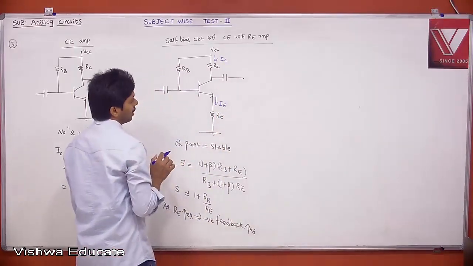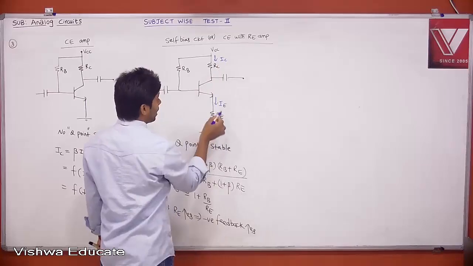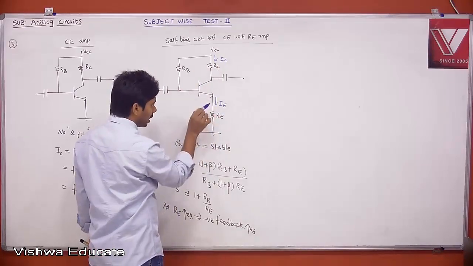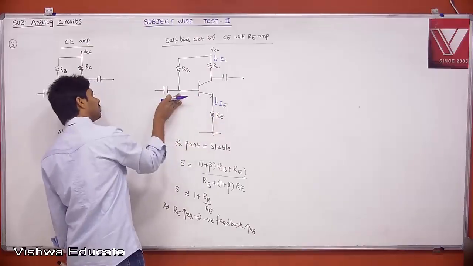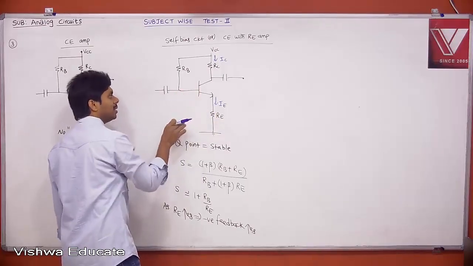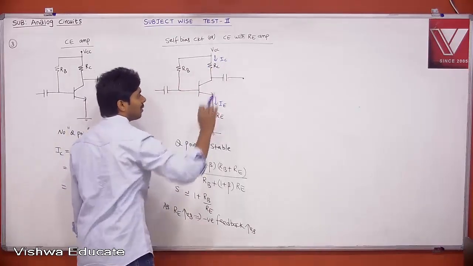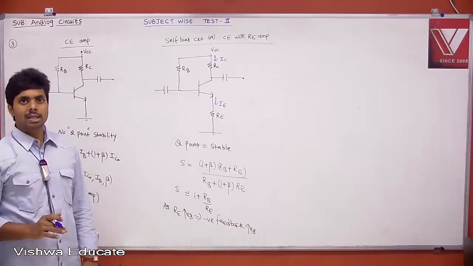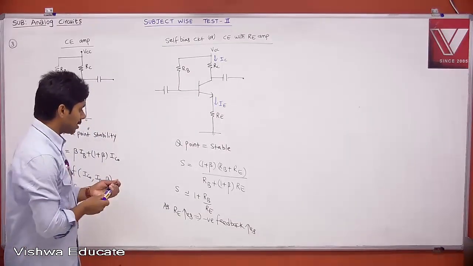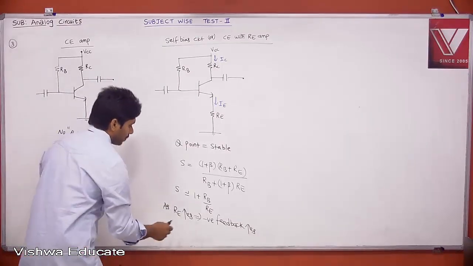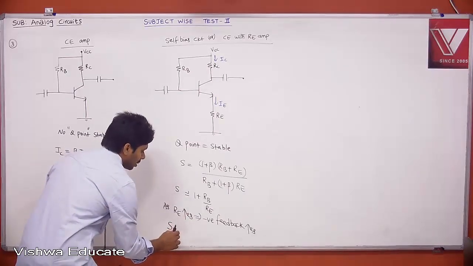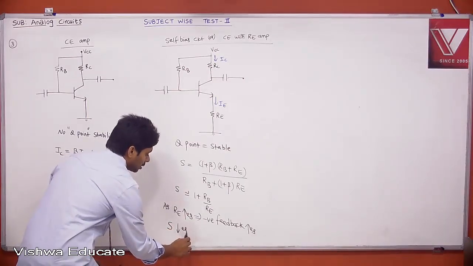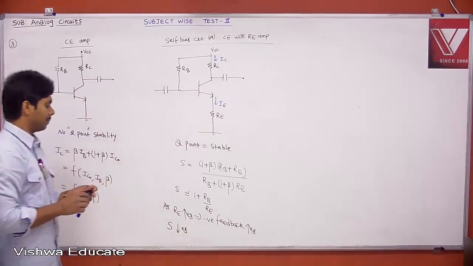If RE is increasing, for the same change in IC, there is more voltage, more VBE feedback to the input, more decrement in VBE, more decrement in IB, and more control of IC. That is maximum negative feedback. When negative feedback increases, your stability factor is also improved. I want the stability factor to decrease, then stability increases.